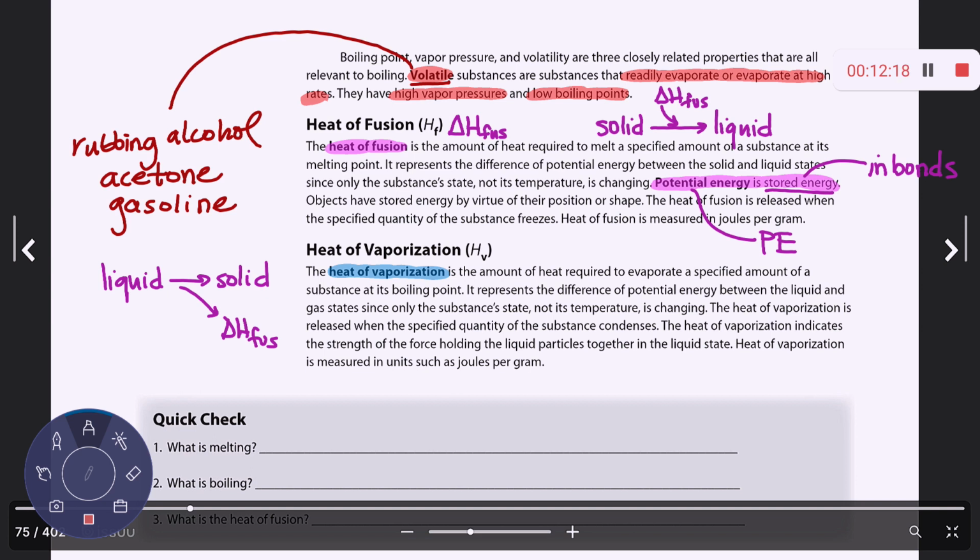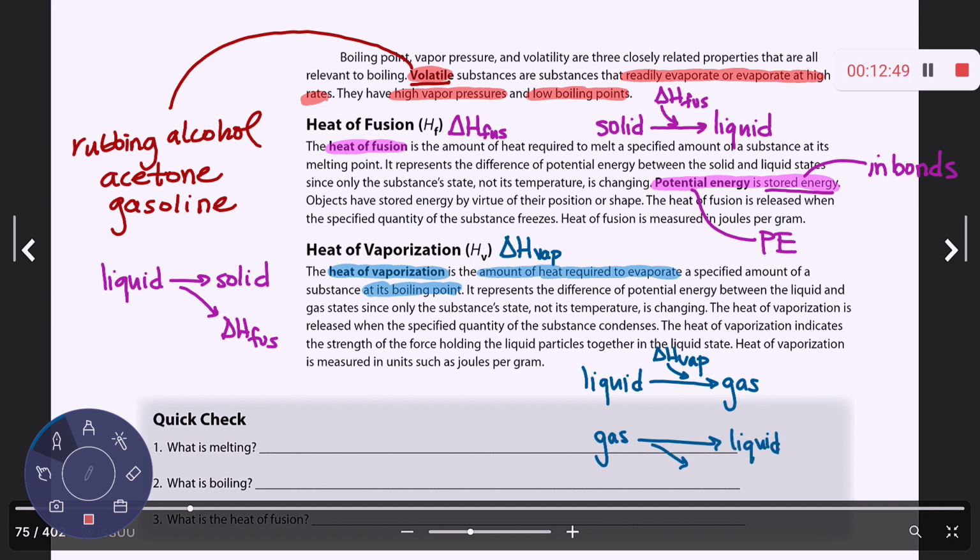So the amount of heat it takes to evaporate something at its boiling point is usually abbreviated as a triangle with an H and a little VAP for vaporization after it. So if you're going to take a liquid and convert it into a gas, then you would have to have the heat of vaporization absorbed like this, versus if I was converting a gas back to a liquid, this would release the heat of vaporization.